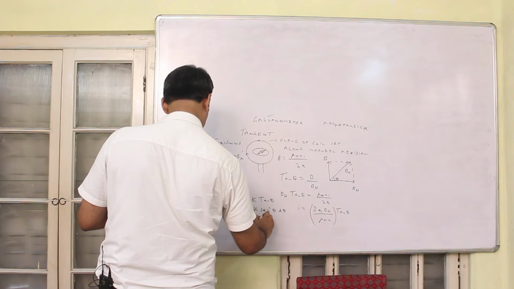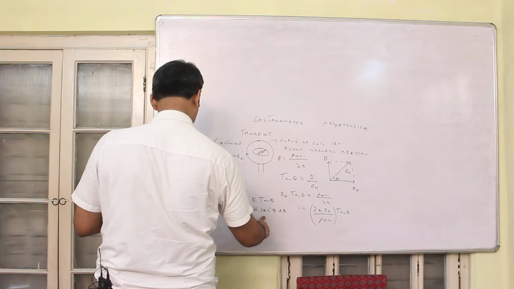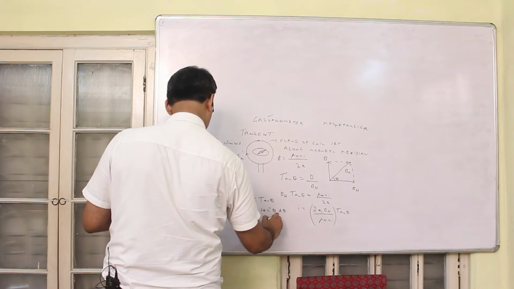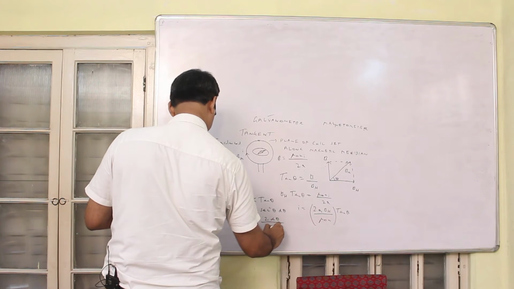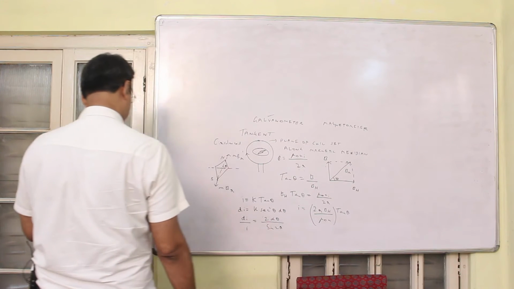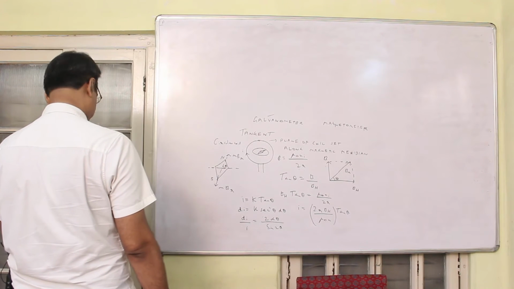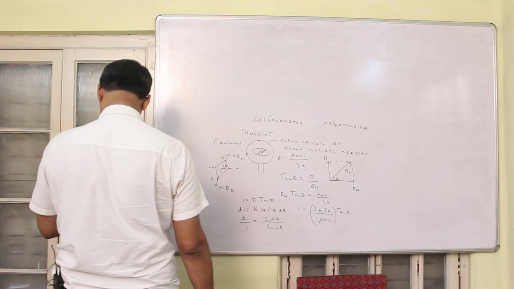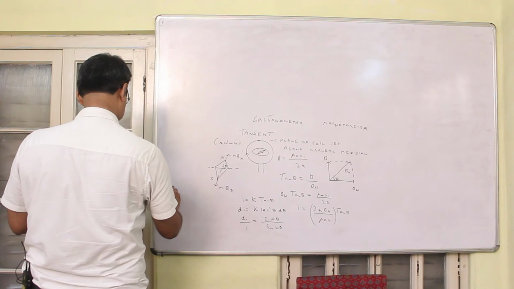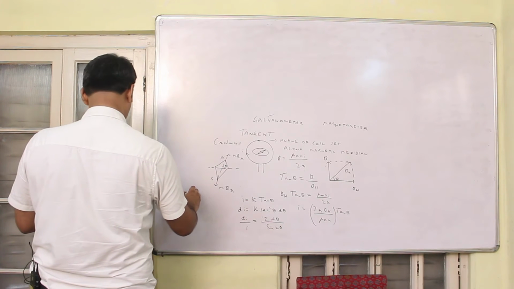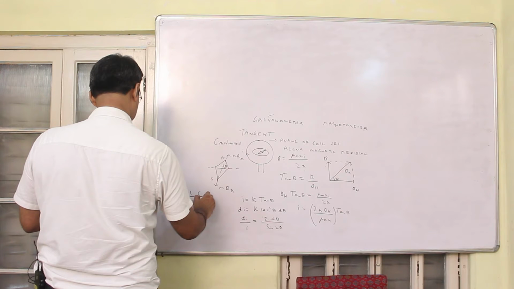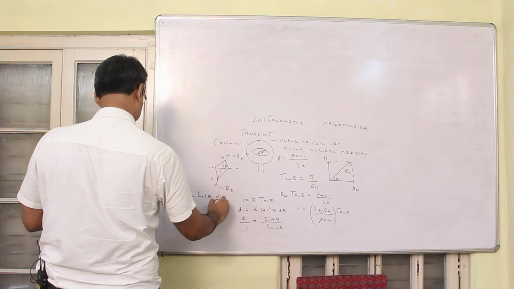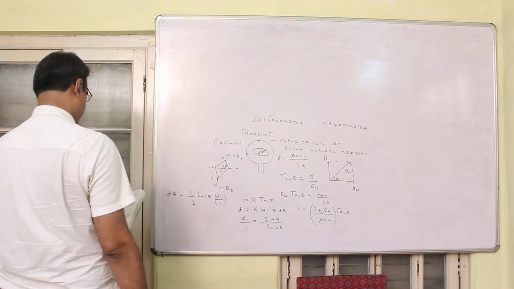So dI by I, you have to divide these two, will be 2 d theta by sine 2 theta. So d theta is half into sine 2 theta into dI by I.